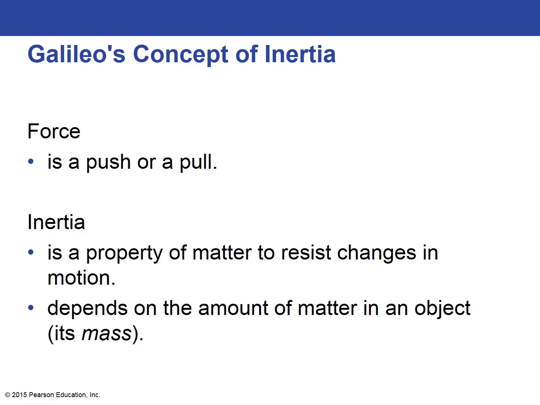One way to look at this is, for example, if we have a heavy Mack truck moving down the expressway at 70 miles per hour, it takes a lot more force to slow it down or bring it to rest than, say, a Volkswagen Beetle, a small car that is also going at 70 miles per hour.